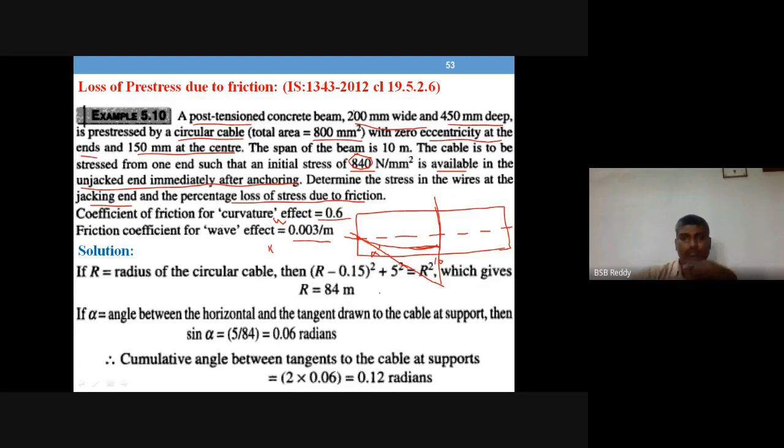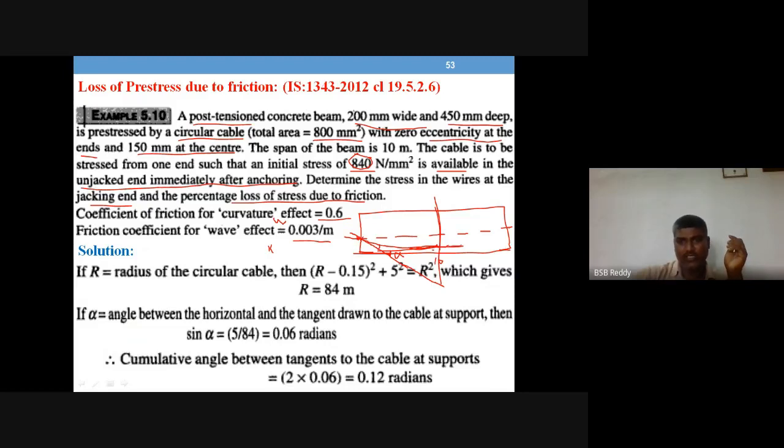This angle is alpha. So it is the angle between the tangents drawn at the support and at the center.